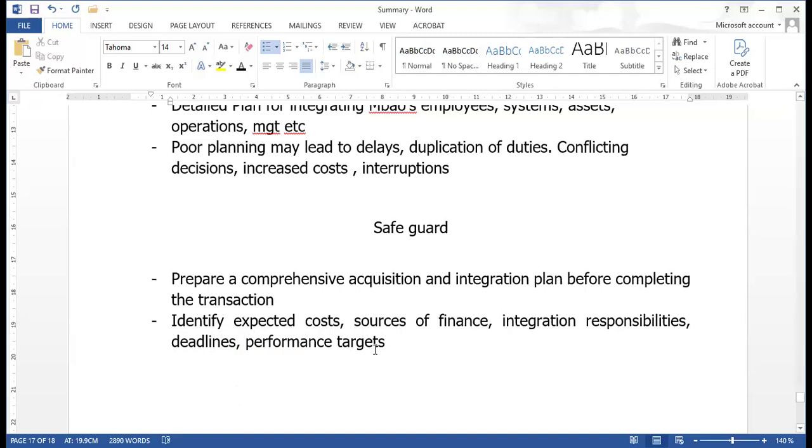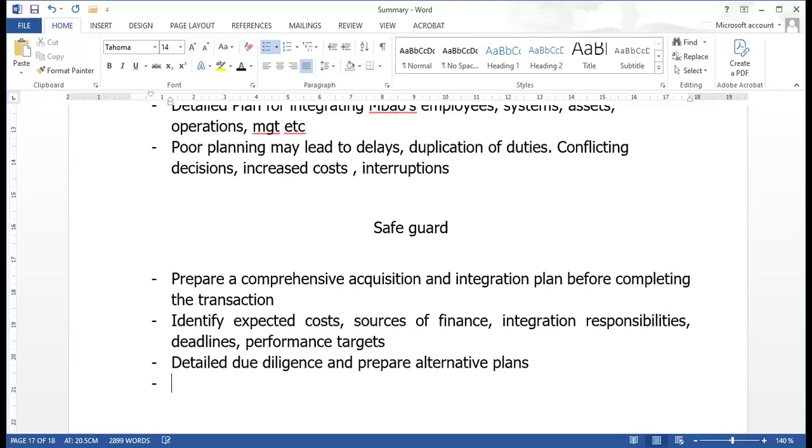You should carry out a detailed due diligence. And prepare alternative plans for situations where assumptions fail to materialize.